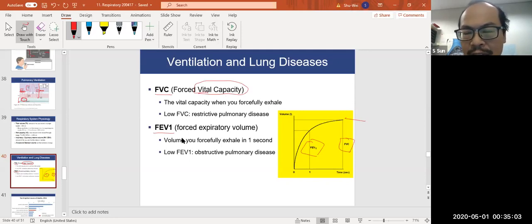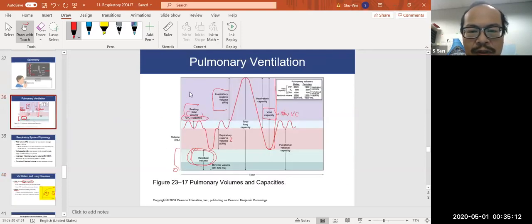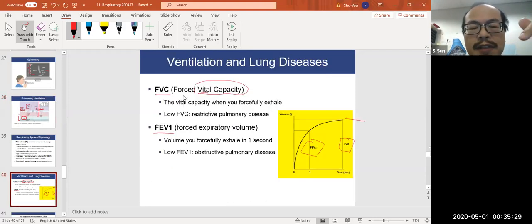And also the FEV1, the amount blown out in 1 second. Even though we can get many different quantities by asking the patient to conduct this maneuver, two clinically relevant measures are these two, FVC and FEV1.